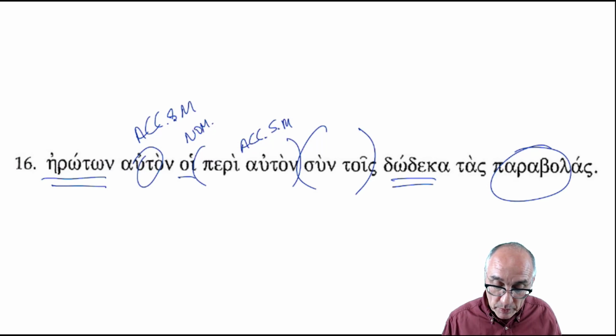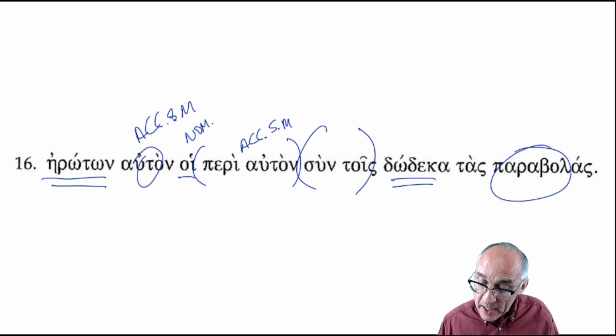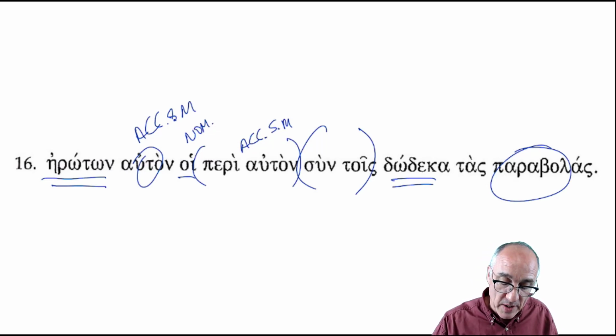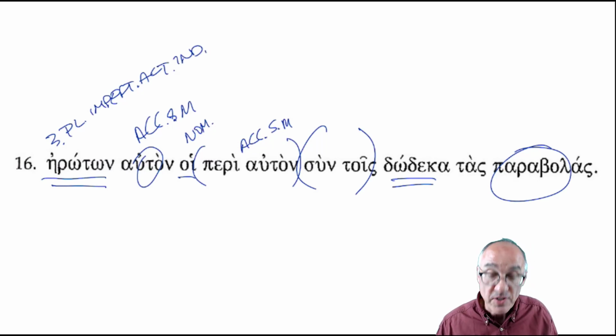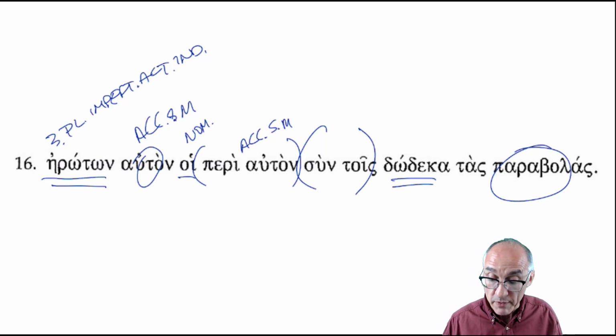Eroton, we're asking, or dodeca, about the parables. Sorry. They were asking, third person, plural, imperfect, active, indicative. They were asking him, those around him, with those 12.